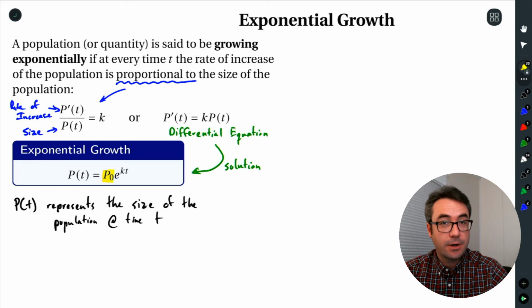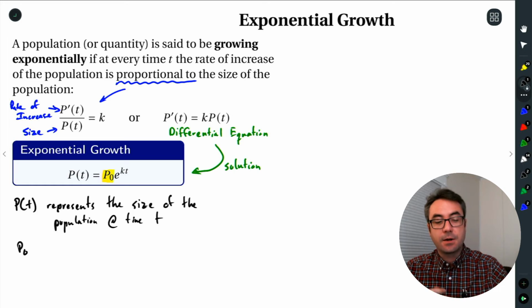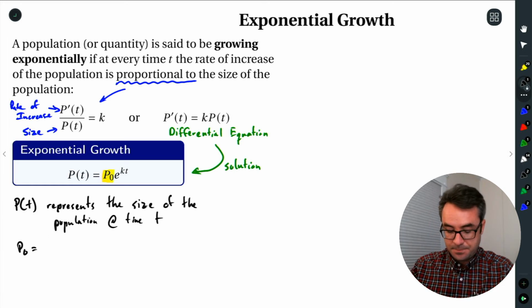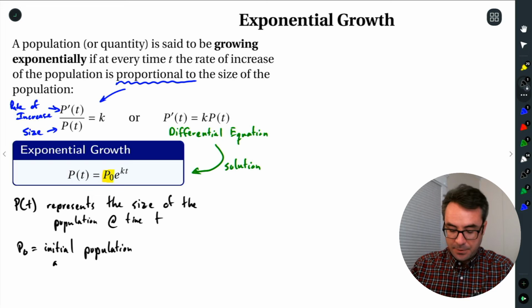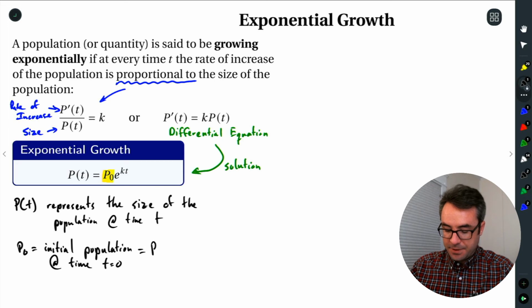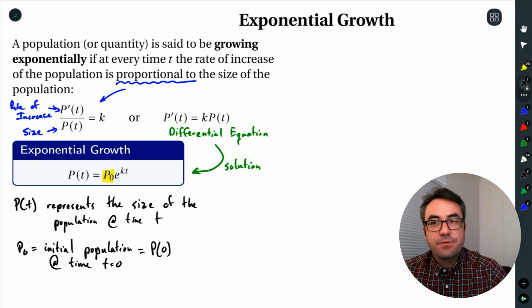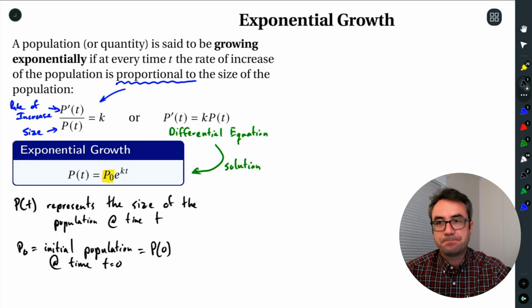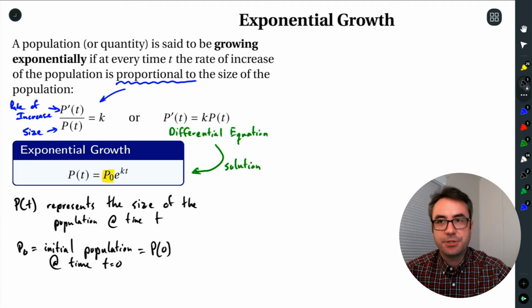We need to know our starting population, and that's what P0 is here. P0 is our initial population. So it's our population at time t equals 0. Another way to think of this with function notation is just our population function evaluated at time 0. So we abbreviate that with this P sub 0 notation.